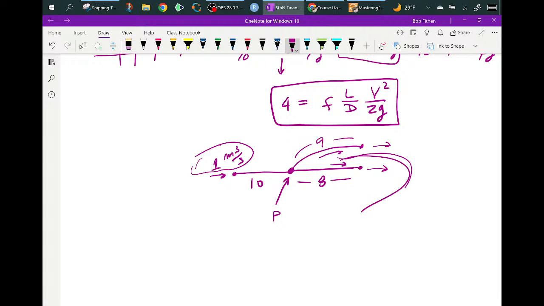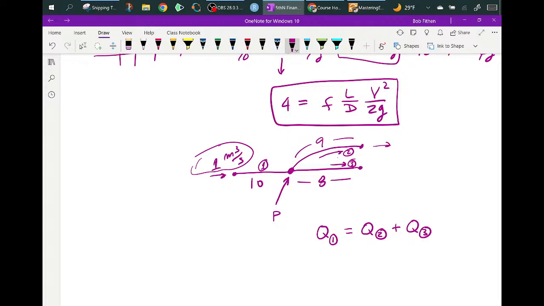Let's do it this way. This is pipe 1, this is pipe 2, and this is pipe 3. The volumetric flow through pipe 1 is equal to the volumetric flow through pipe 2 plus the volumetric flow through pipe 3.